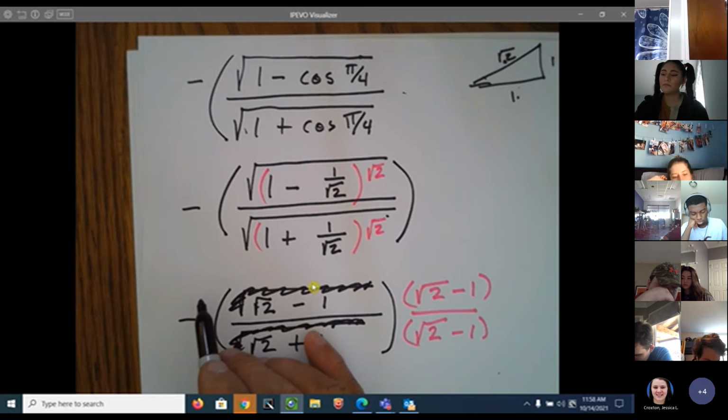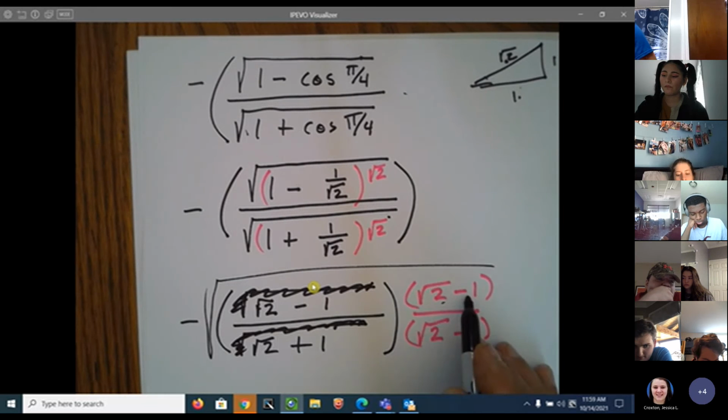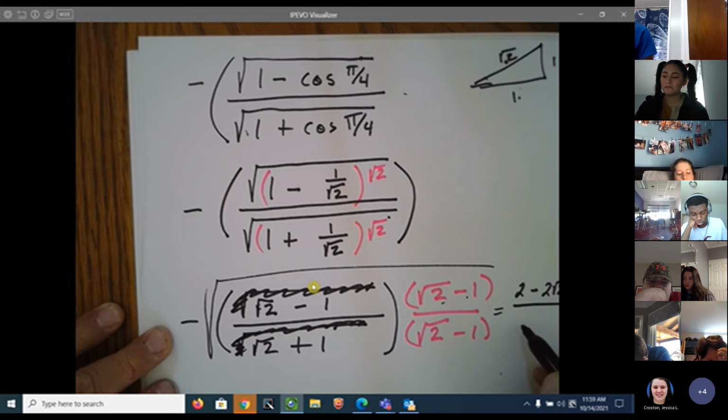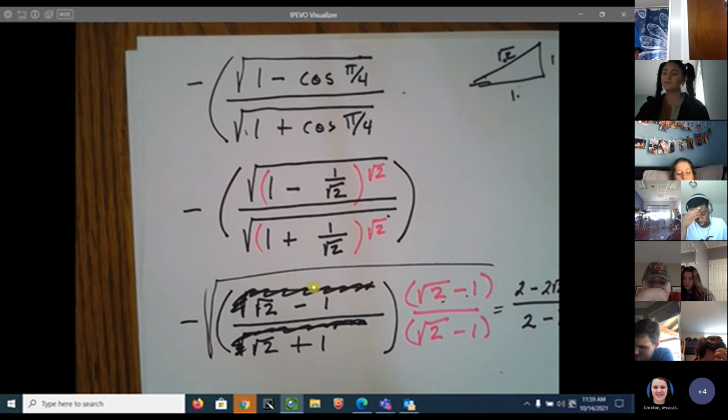All right. So this is square root of 2 minus 1 times square root of 2 minus 1. That is 2 minus 2 square root of 2 plus 1 over, and I'm probably getting the cart before the horse, square root of 2 squared is 2 minus 1 squared is 1.